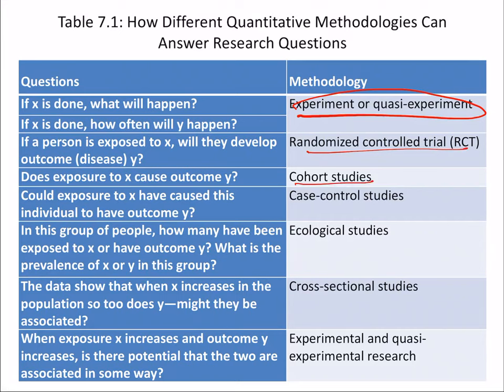You can have a cohort study, a case control study, an ecological study, a cross-sectional study, and you can have a combination of experimental and quasi-experimental research. Now keep in mind there are more types of quantitative studies, and these are mentioned in your study guide. I won't go over them right now, but it's a good idea to understand that there are several different quantitative methodologies that can be used.